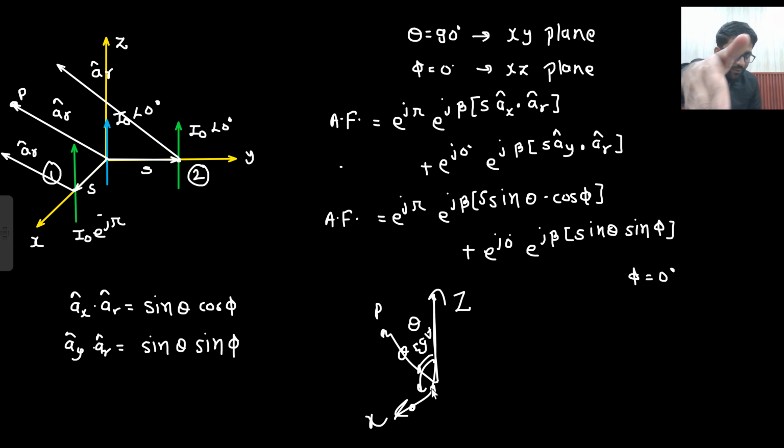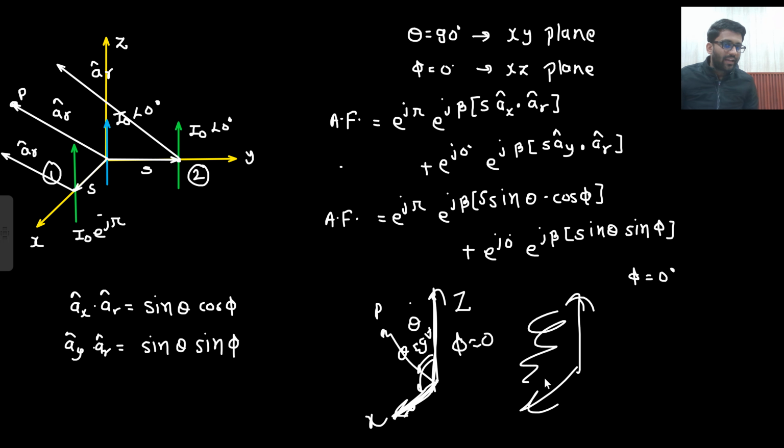But if you are computing on the ZX plane, that means here your phi is certainly 0. What I mean to say is that on the ZX plane, if this is my Z and this is my X axis, and I take any point on it, at all the points phi is equal to 0 degree. Say yes or no. So here I am not going to put the value of theta as 90 degree. I am only going to put phi equals 0 degree.